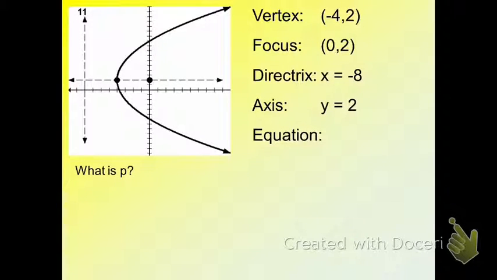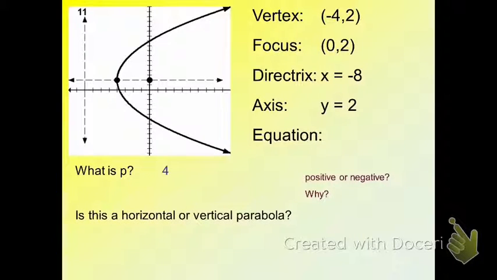So now looking at the equation, Jen, what would the p-value be? 3. Look at it again. 4. Positive or negative 4? Positive. Why? It's opening to the right. Hannah, would this be considered a vertical or horizontal parabola? Horizontal.